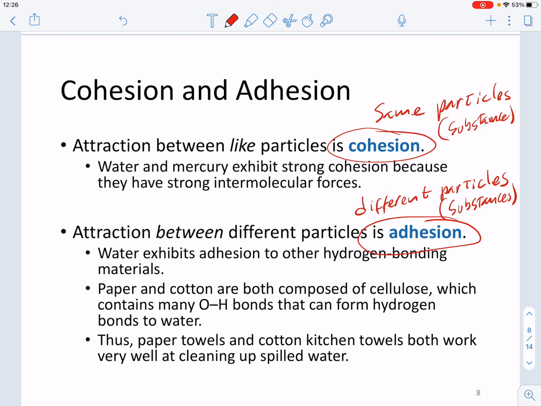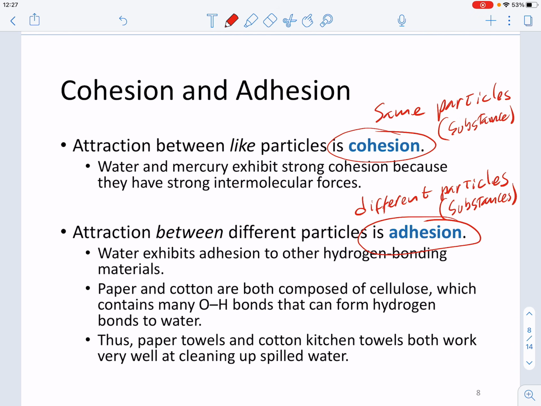Okay, like in the case of the liquid and the surface, they are different substances. So cohesion is between the same substance. Adhesion is between different substances. Okay, so that's the main difference between those two. Still, there are intermolecular forces involved in these two. It's the same principle of intermolecular forces.